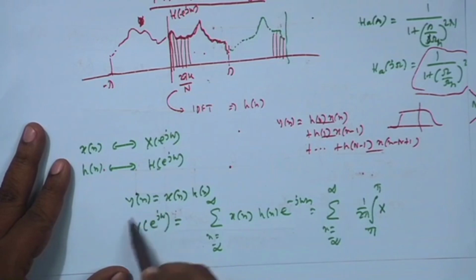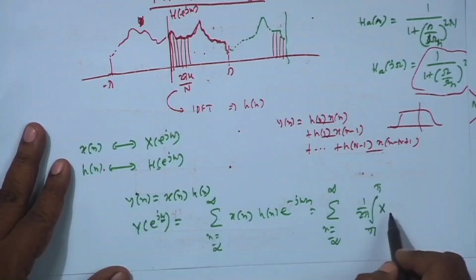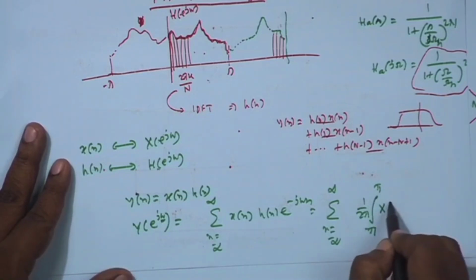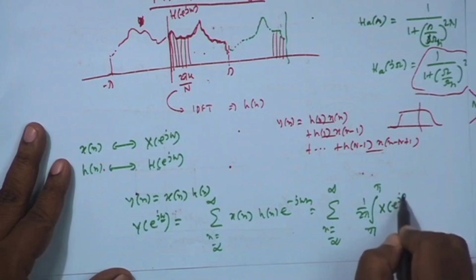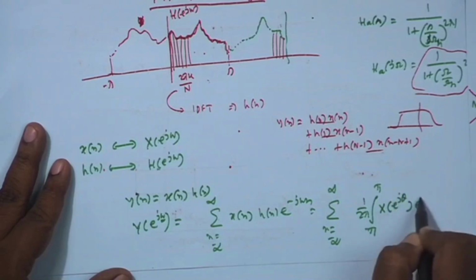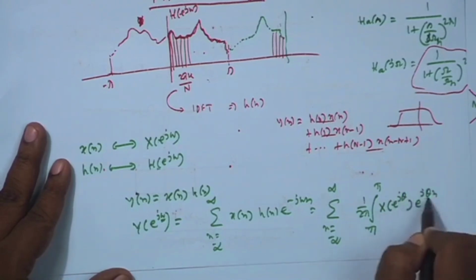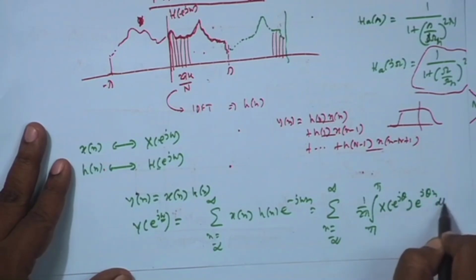And you want to find the output DTFT at a small omega of your choice. So, omega is fixed, so you cannot bring another omega within the integral as a variable. So, I bring e to the power j theta n, not omega, instead of omega I bring theta, d theta.